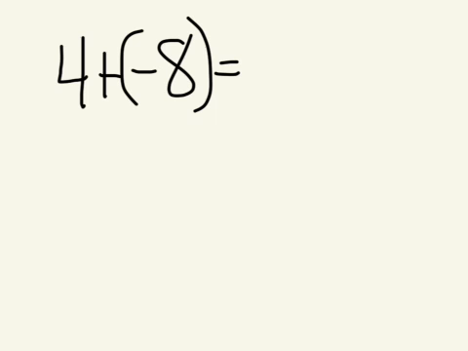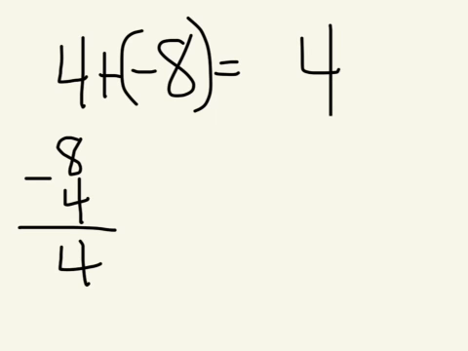Because we didn't add 4 plus negative 8, we took our 8, subtracted 4, and we got 4. So 4 was in our answer. Then we look at our positive 4 and our negative 8, and we say to ourselves, which number is bigger? Well, our 8 is bigger here, right? So we know that negative sign is going to follow through to our answer, and our answer is going to be a negative 4.